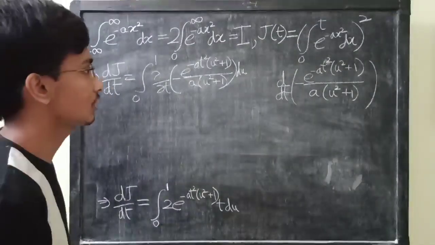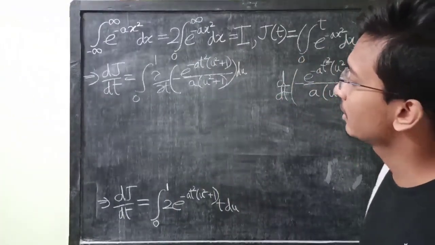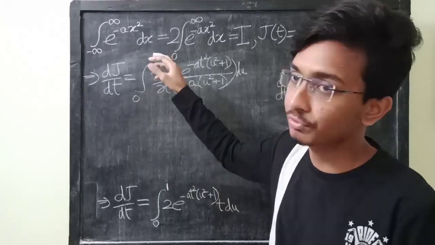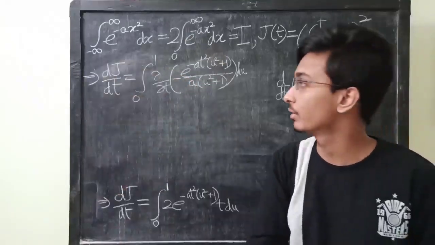So by the special case of the Leibniz theorem, or the reverse of the Leibniz theorem, what we can do is interchange this differential with this integral, since the limits are free of t, and then convert this partial derivative into an actual derivative.